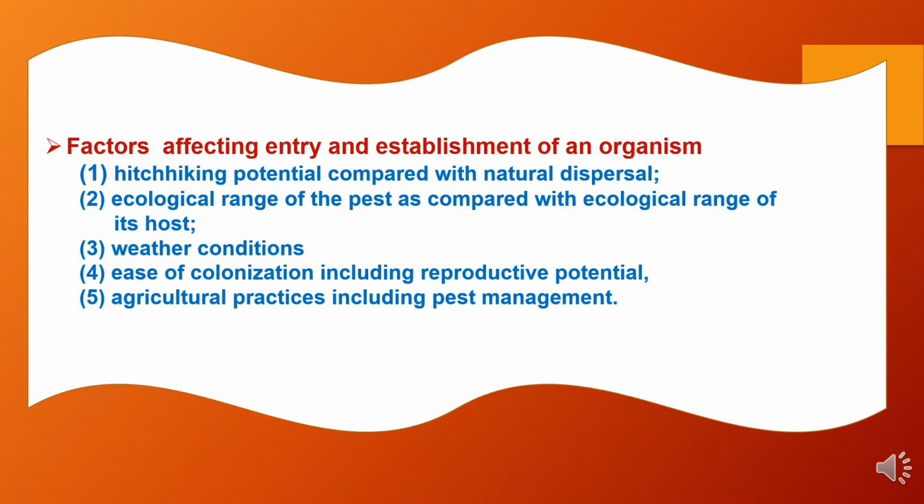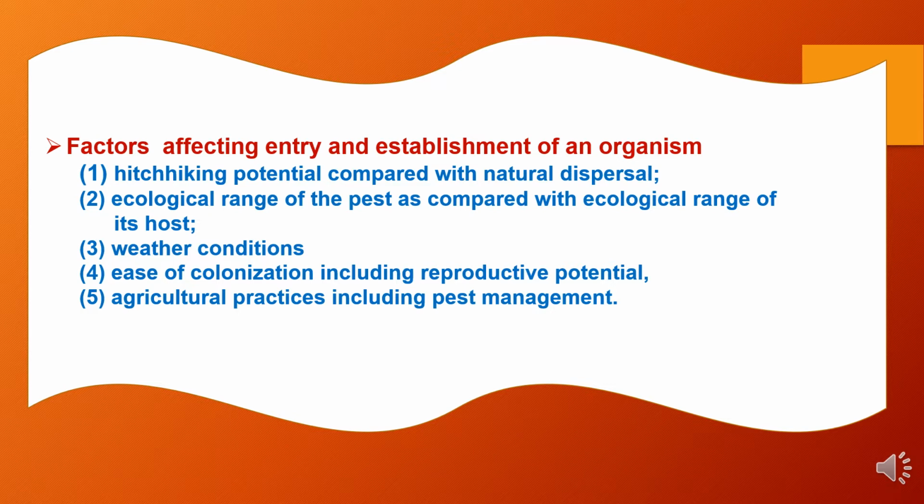There are various factors which affect entry and establishment of an organism in a new area, and they may be defined as: first, hitchhiking potential compared with natural dispersal of insects or pests. Hitchhiking refers to being carried or transported by chance or unintentionally. Second, ecological range of the pest as compared with the ecological range of its host.